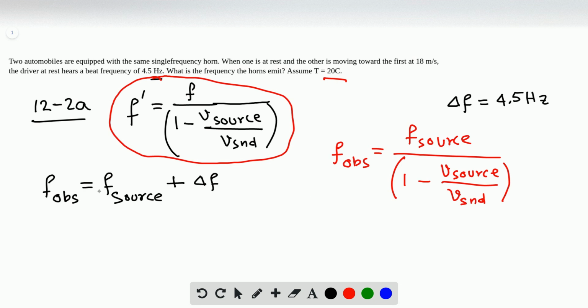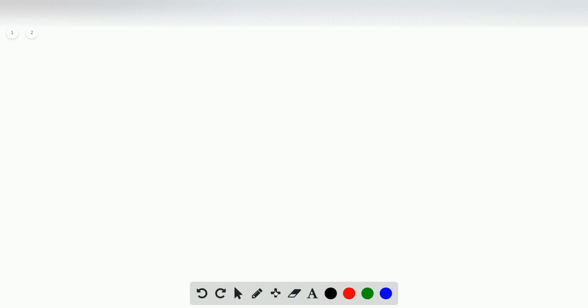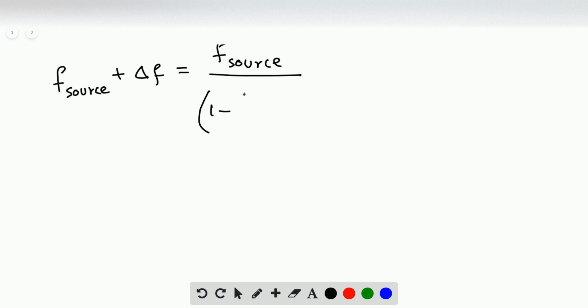Now we see we have two equations, and we need to solve for F source. If we get rid of F observed on both sides of this equation, we get the following: F source plus delta F equals F source divided by 1 minus velocity source over speed of sound.